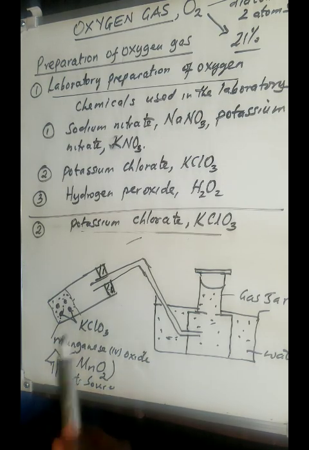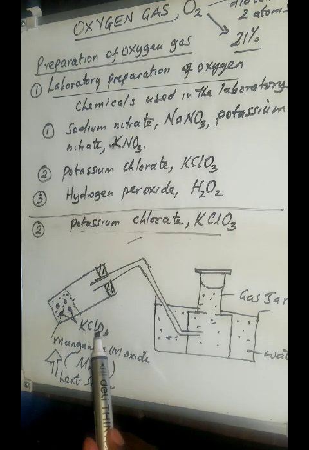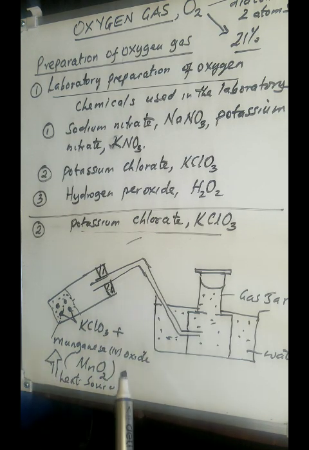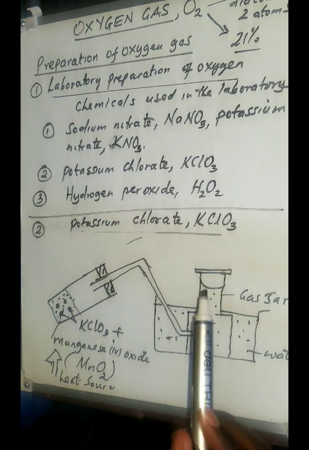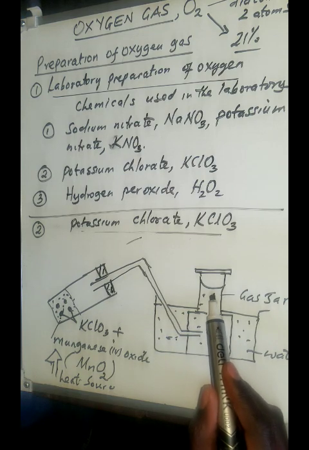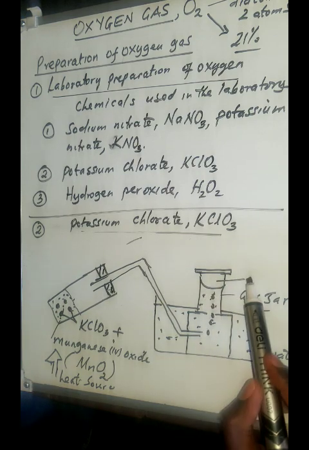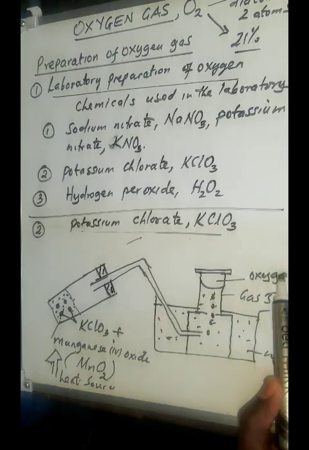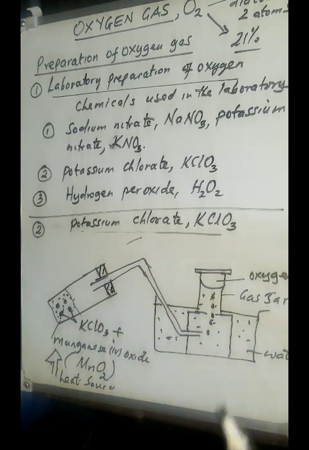So when the potassium chlorate, in the presence of a catalyst we are calling manganese 4 oxide, is going to produce oxygen. And that oxygen, when bubbled through, will bubble through the water and it is going to be collected there. So you're going to have oxygen gas being collected there.